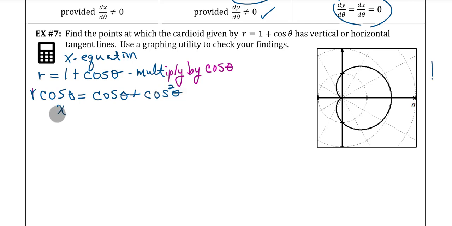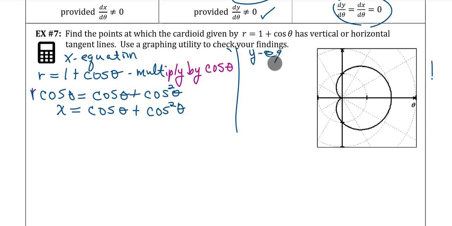So we have x equals cosine theta plus cosine squared theta. And we're going to do the same thing for the y equation, except we're going to multiply by sine theta.